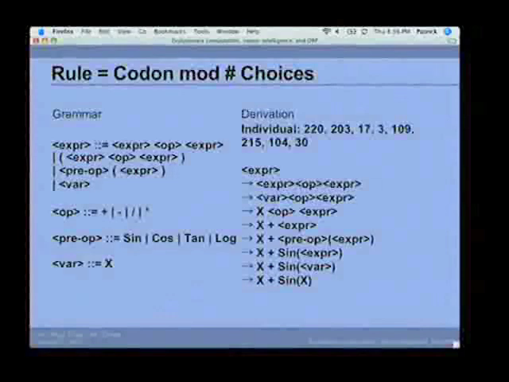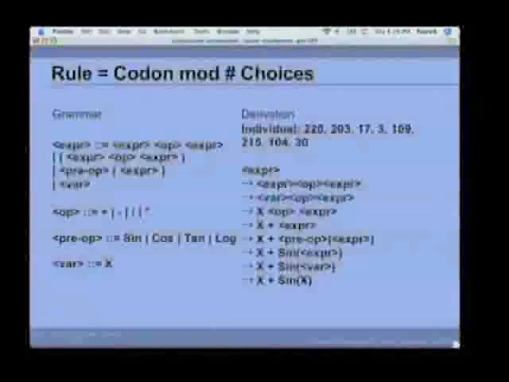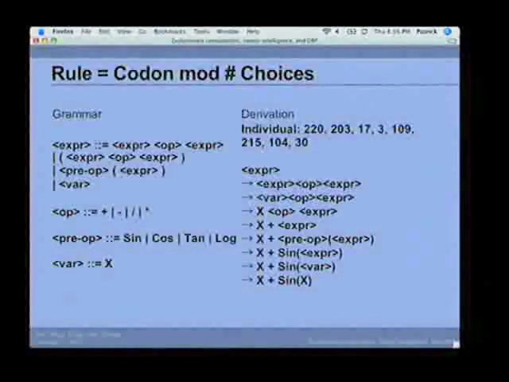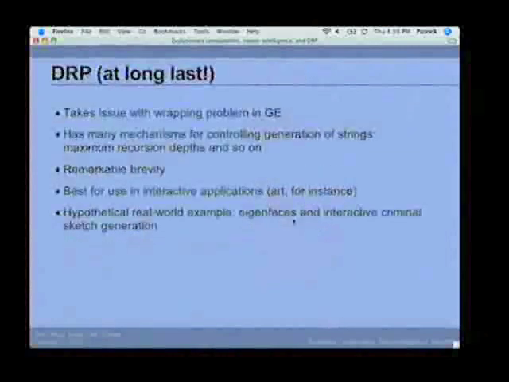At any given point, you decide which one by taking the integer value modulo the number of choices, and that gives you a number, which is the rule you choose. Then you have this iterative process of expanding out the individual until you get an expression, a program, whatever.